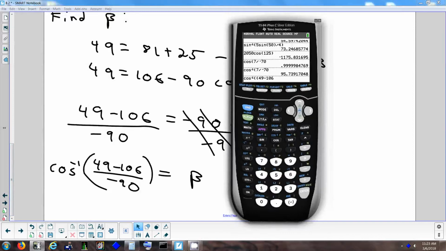Do 49 minus 106 on your calculator, hit divide by negative 90, write that number down, and then plug it in. Okay, just do it in 3 steps instead of 1 like I have. But if you want to do it all in 1 step, that's how you do it. Okay, 50.704.